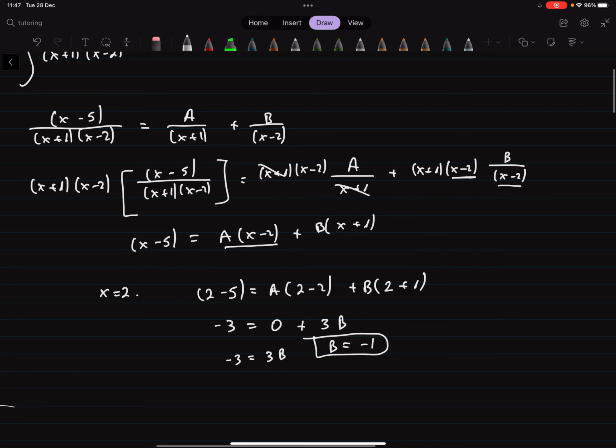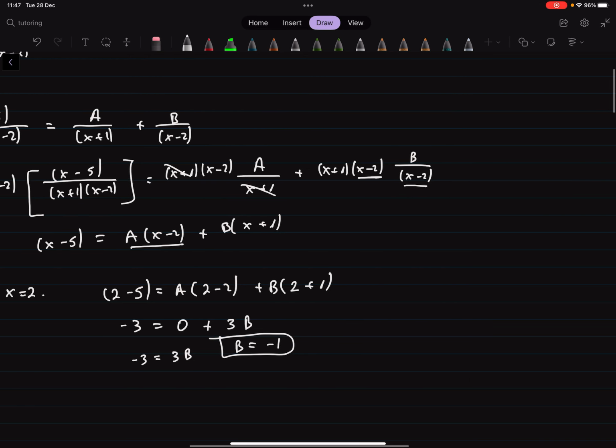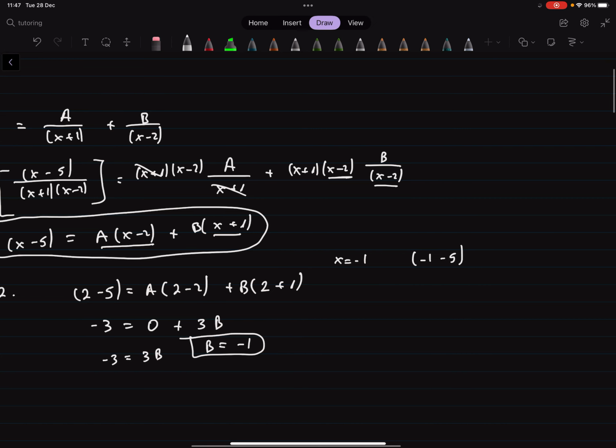And we do the same thing in order to find what a is. To find a, we have to set b equals 0. And from here, we can see that x is going to be equal to minus 1. And when x equals minus 1, we have minus 1 minus 5 on the left side.